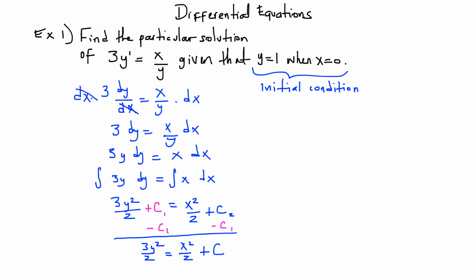Now here we are, 3 over 2 y squared equals x squared over 2 plus c, and we want to solve for y. But before we solve for y, we notice that now we have to take care of this c value, and we have to figure out what is that c.